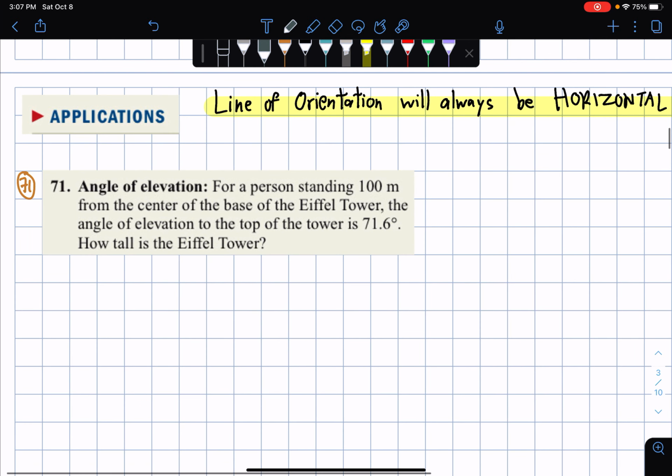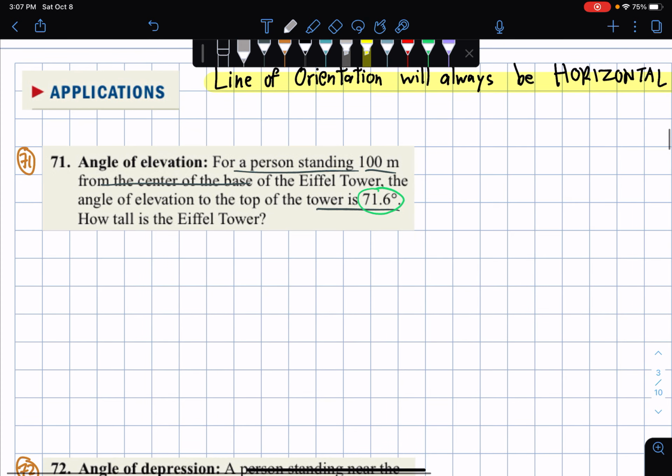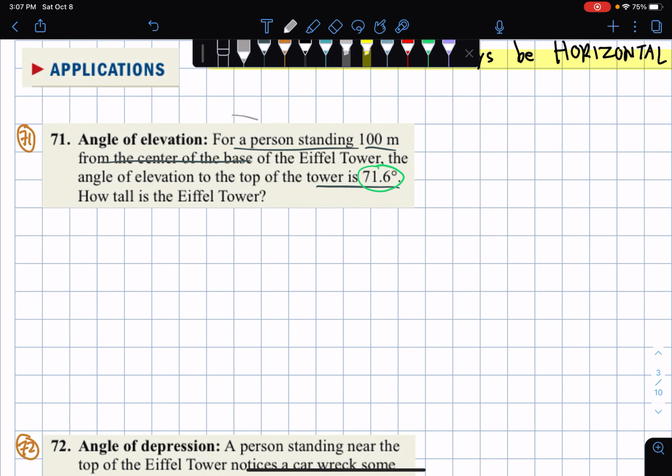So, this word problem is about angle of elevation. For a person standing 100 meters from the center of the base of the Eiffel Tower, the angle of elevation to the top of the tower is 71.6 degrees. So let's make a right triangle illustrating the scenario in this word problem.